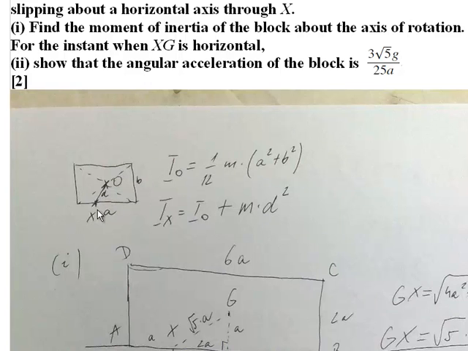And when the axis goes through some other point at a distance d from the center of mass, then the moment of inertia about this axis is this. So we have to add this value to the previous value, where m is the mass and d is this distance. So we will use this formula.